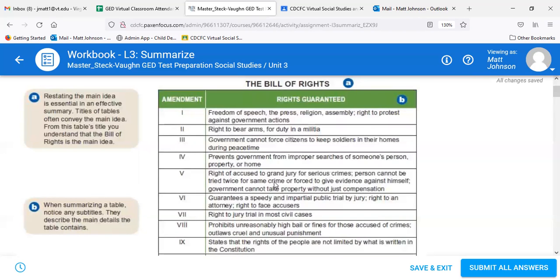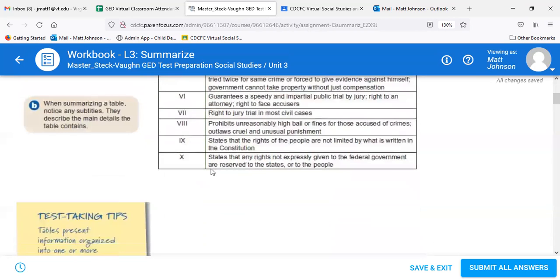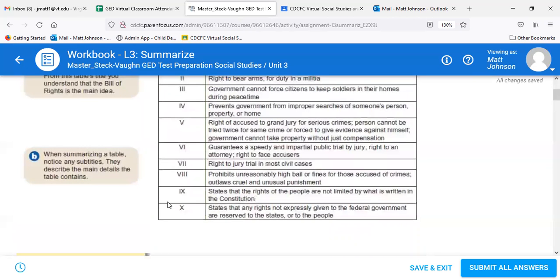Grand jury for serious crimes, double jeopardy, counsel. And number 6 guarantees a speedy and impartial trial by jury, right to an attorney, right to face accusers. 7, right to jury trial in most civil cases. 8, prohibits unreasonably high bail or fines for those accused of crimes. Outlaws cruel and unusual punishment.